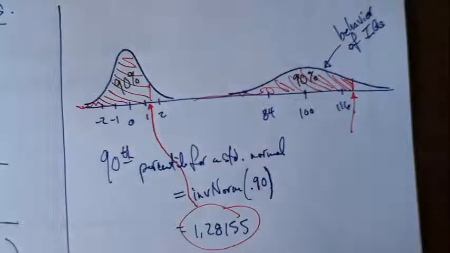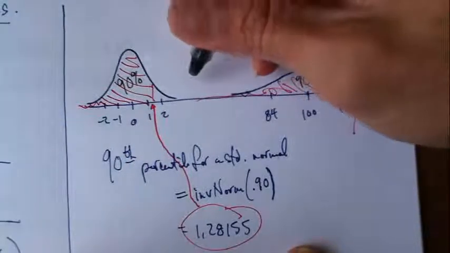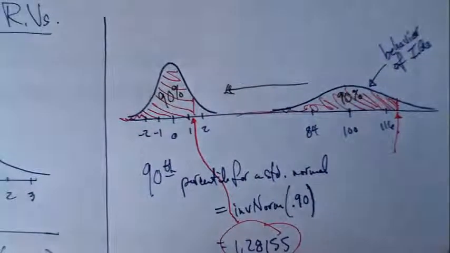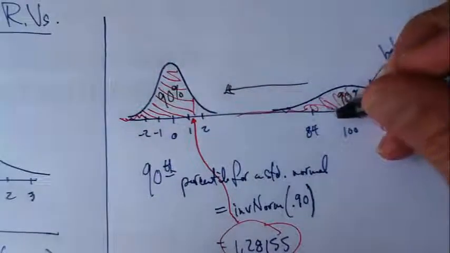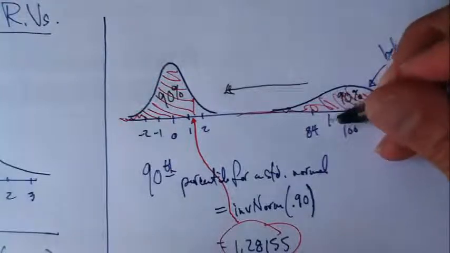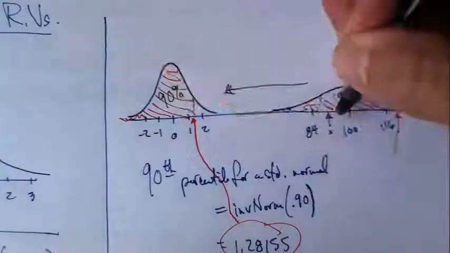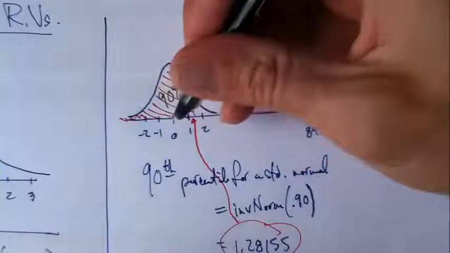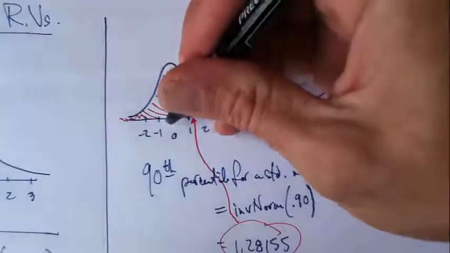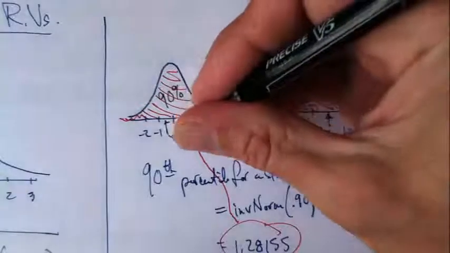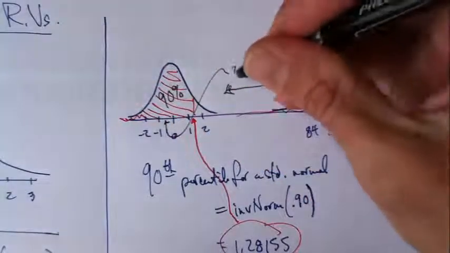Well, let's see. First of all, how do you move from here to there? If I have a mark here, if this is some number x, then the number that corresponds to this x value down here is just going to be right there, right? That's the z-score, isn't it?